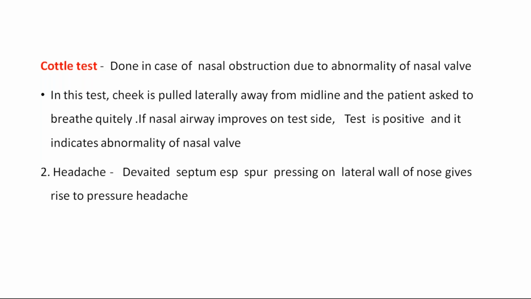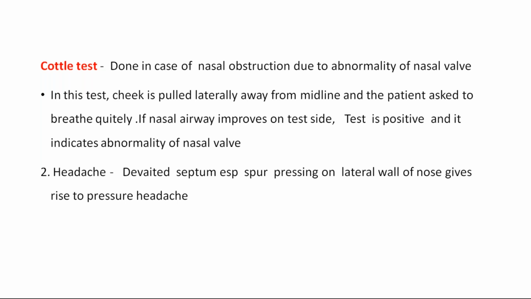And inferiorly you have the floor of the nose, that is the bony part of the nose. So there are two valves, the external valve and the internal valve. If the deformity or abnormality lies in the internal valve, then the patient will have nasal obstruction.